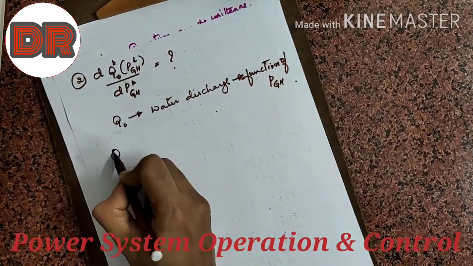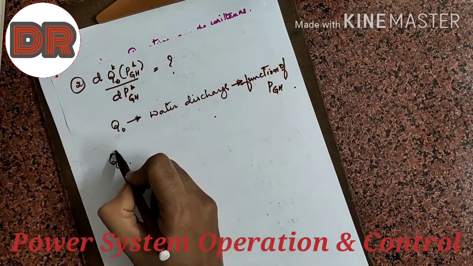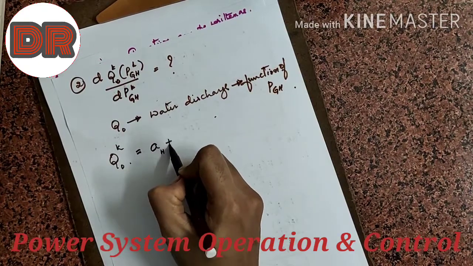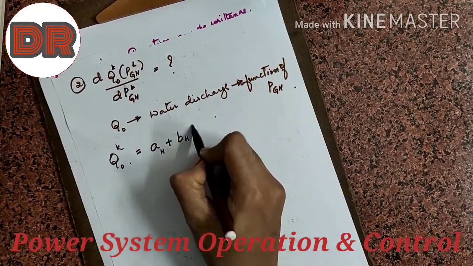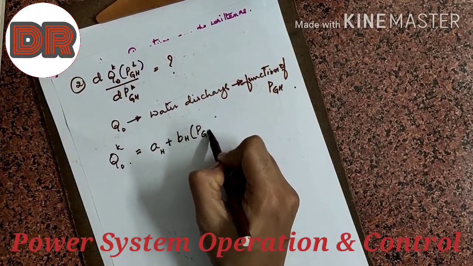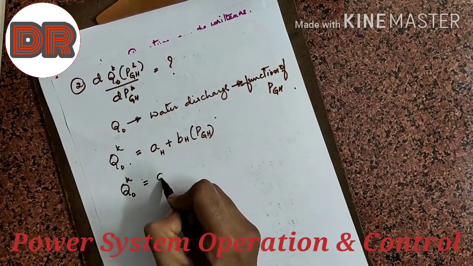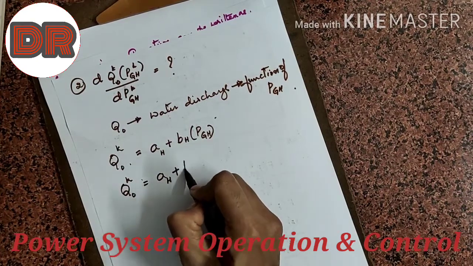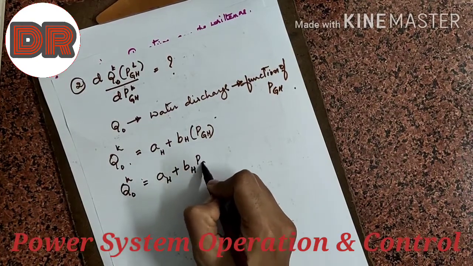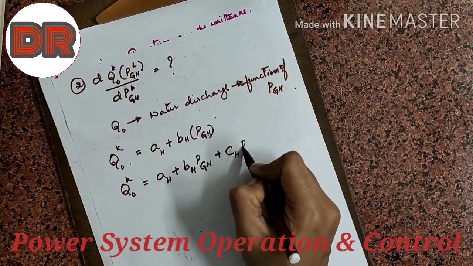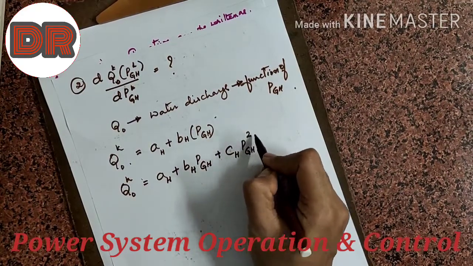This can be written as a mathematical model: Q naught K is equal to AH plus BH pGH, or it can also be written as AH plus BH pGH plus CH pGH square.